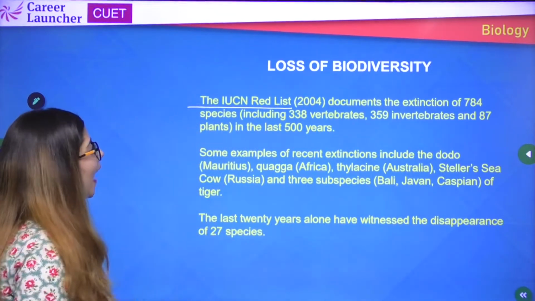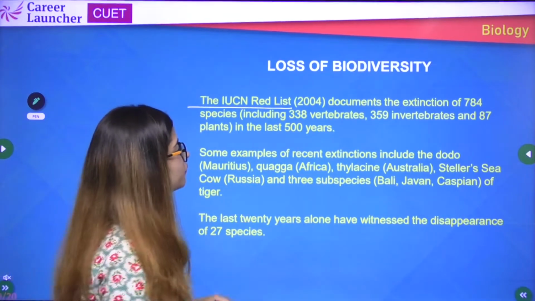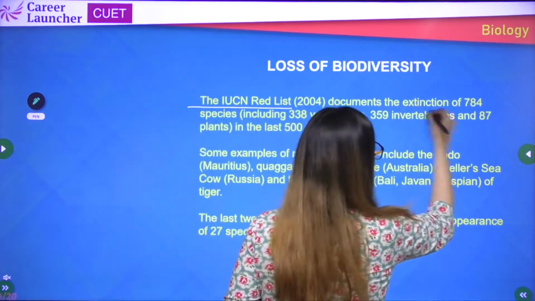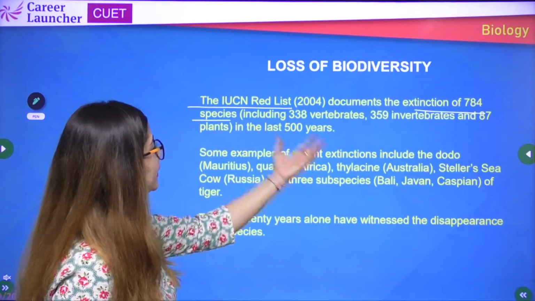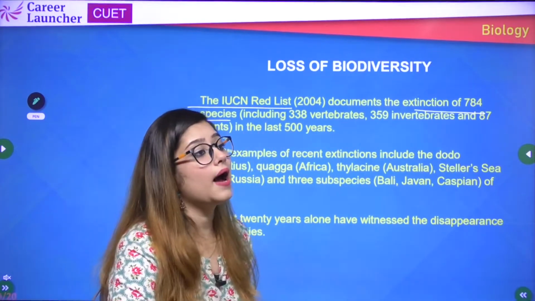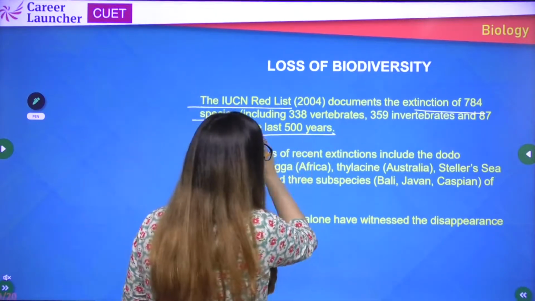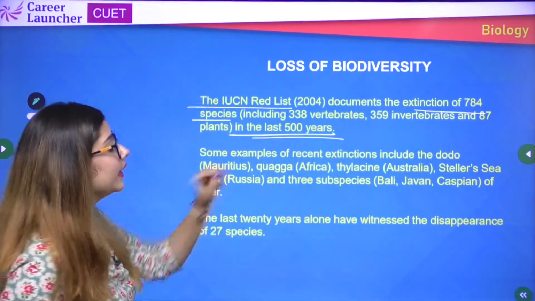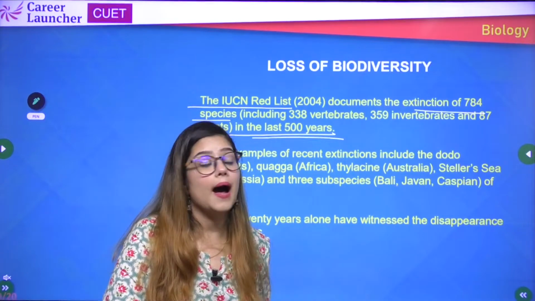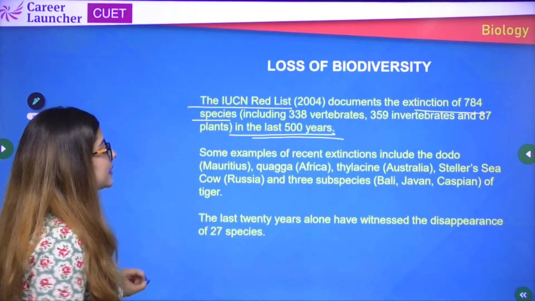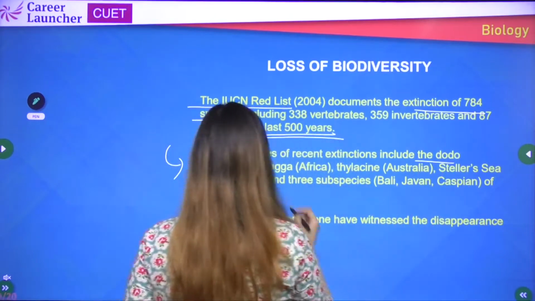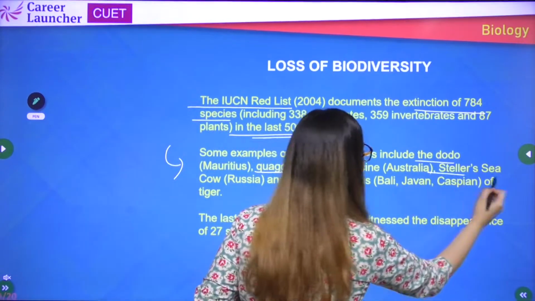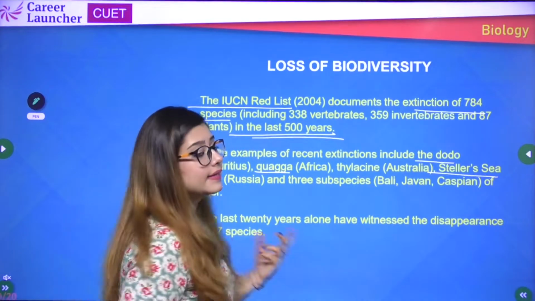So according to IUCN Red List in 2004, it documents the extinction of 784 species that include vertebrates, invertebrates and plants. So in the last 500 years, around 784 species have become extinct. Some examples of recent extinction are the dodo, quagga, stellar sea cow, etc.